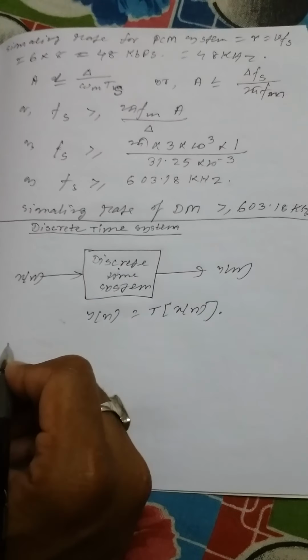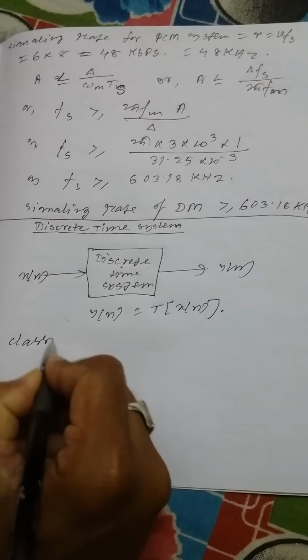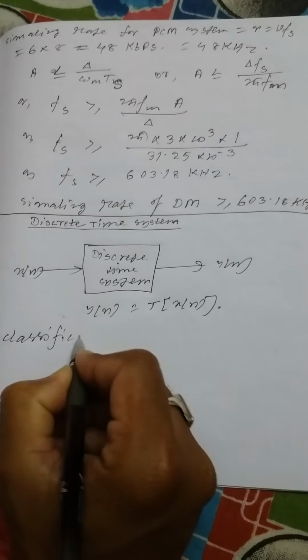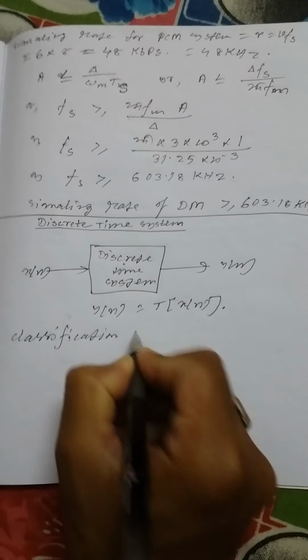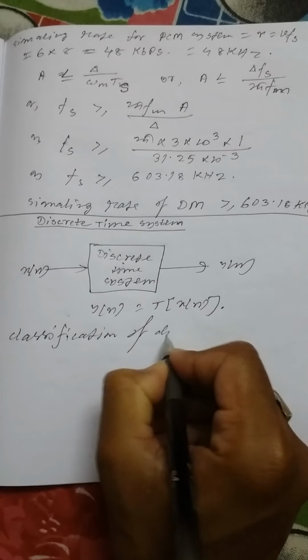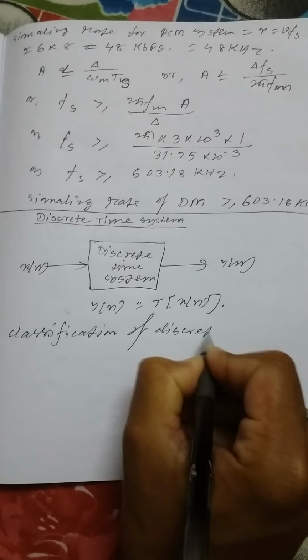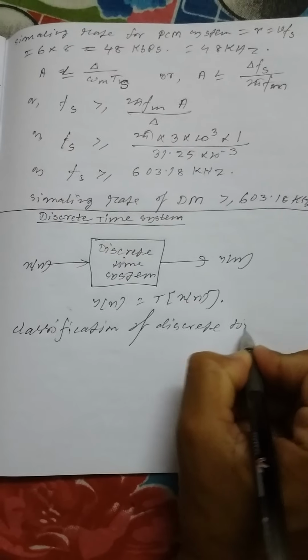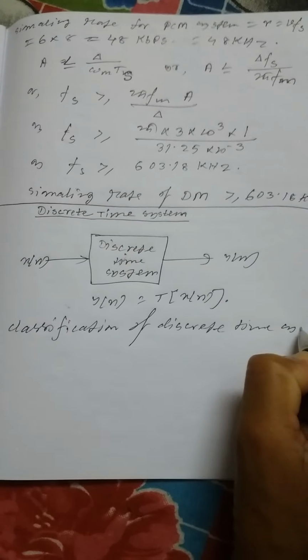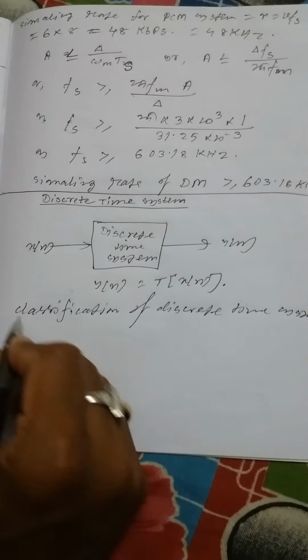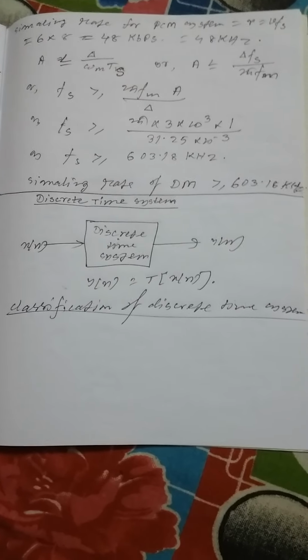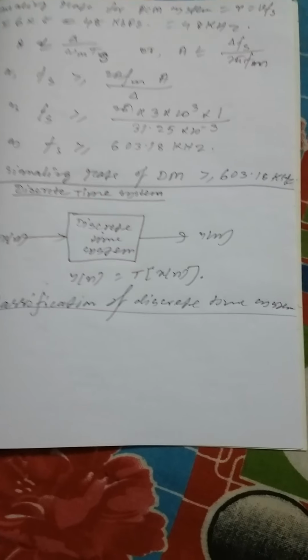Now, classification of discrete time system. There are various classifications of discrete time system.